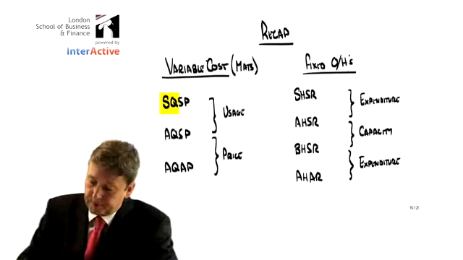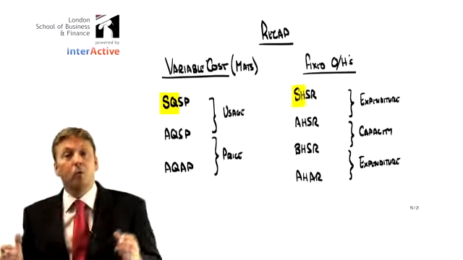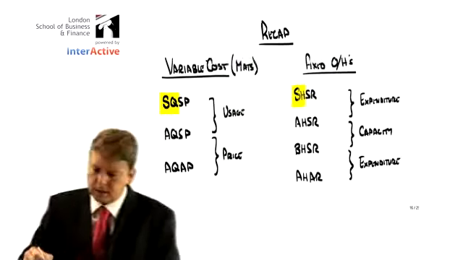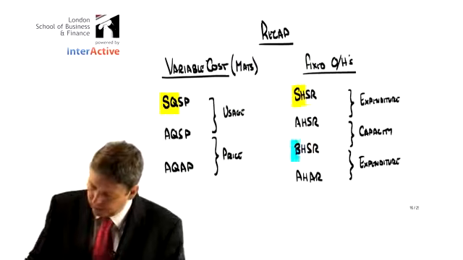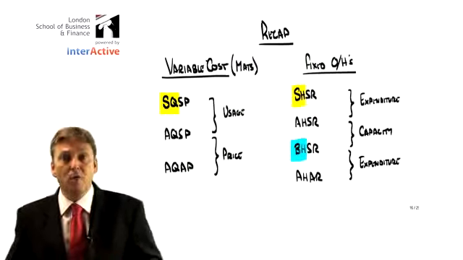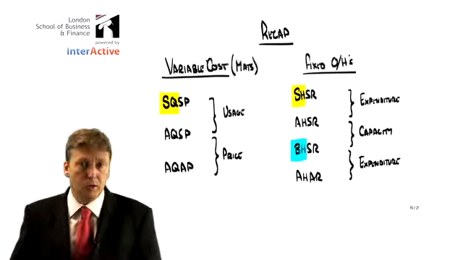Please remember, when we look at standard hours, what do we mean? Well, we mean the expected hours of the actual level of activity. And when we look at budgeted hours, what do we mean? Well, we mean the expected hours of the budgeted level of activity. If we remember those two elements, we will have no problem.